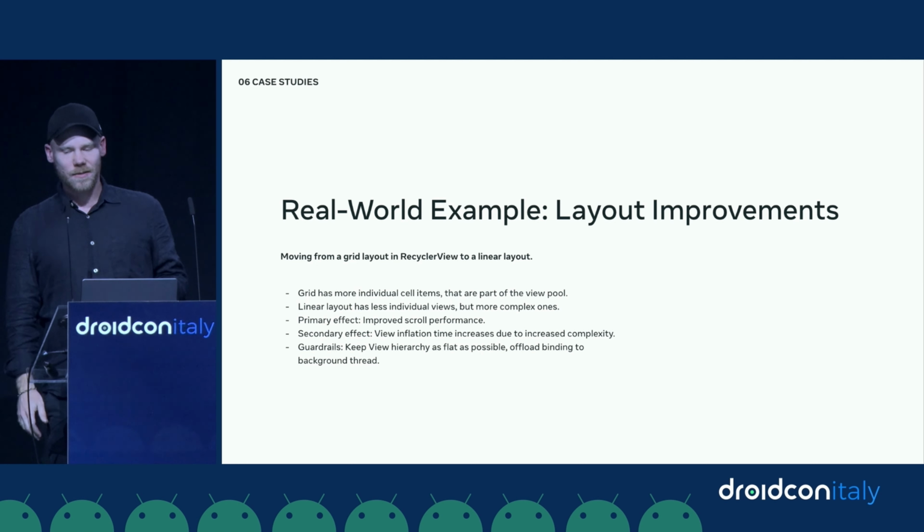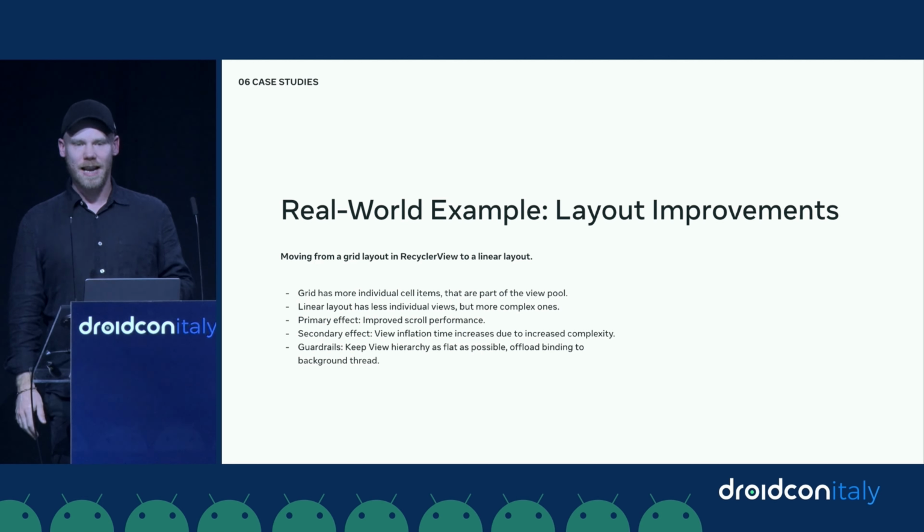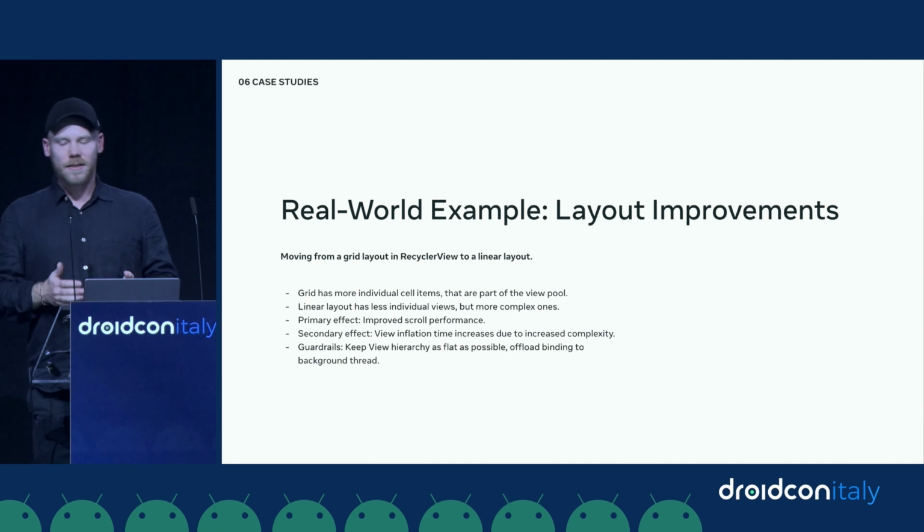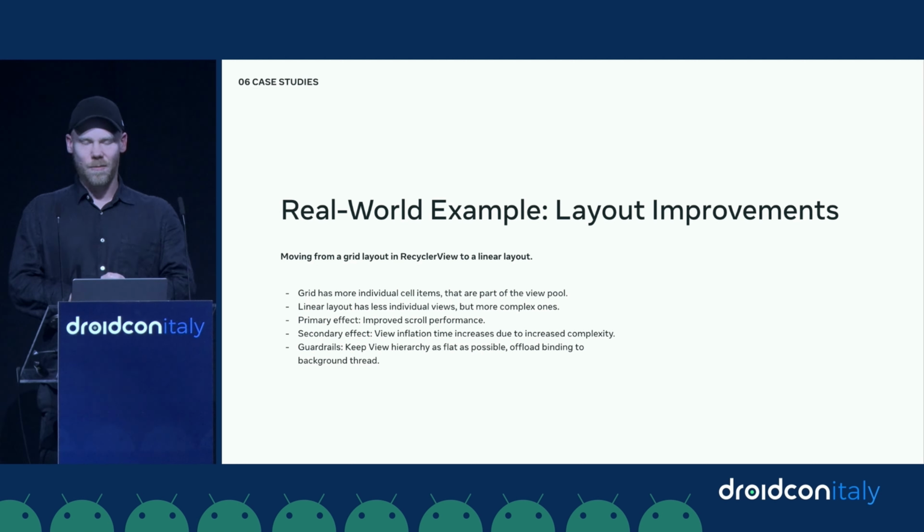And we switched this in an experiment to linear layout. So what this brings us is the linear layout has actually less individual views, but the views will be more complex. So the primary effect here was improved scroll performance all of a sudden.